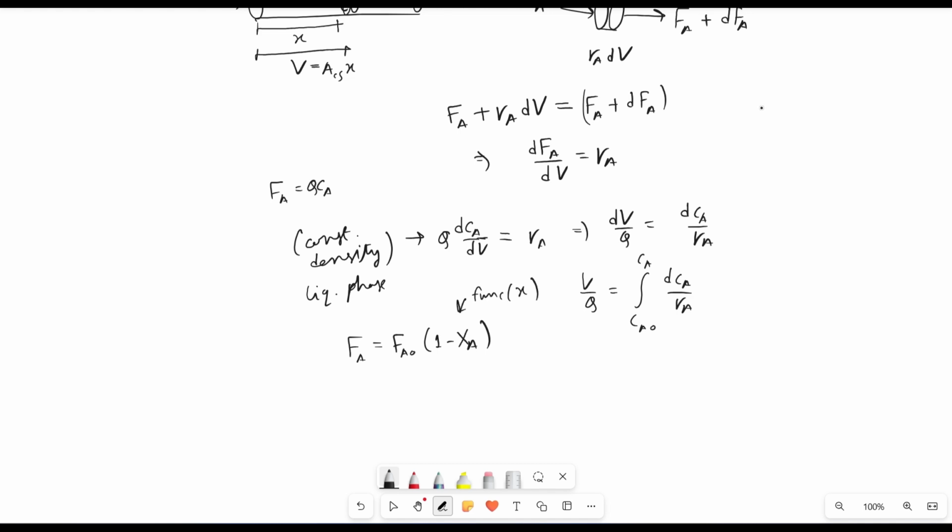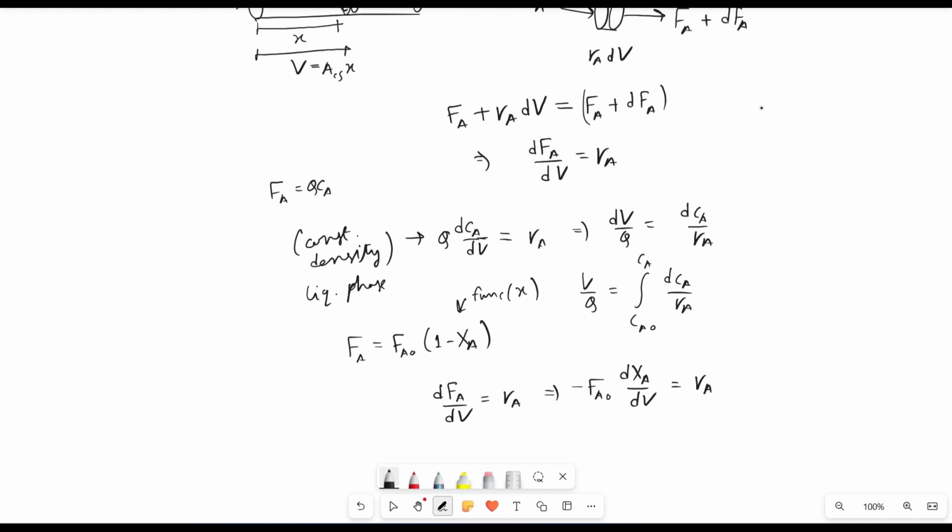So by putting this expression in dFA by dV equals RA, we get FA naught dXA by dV is equal to RA.